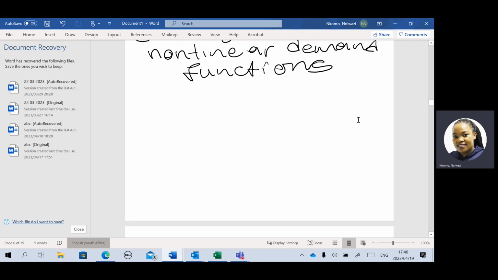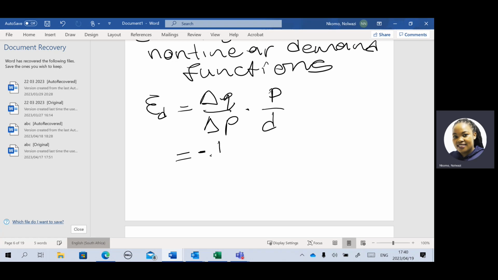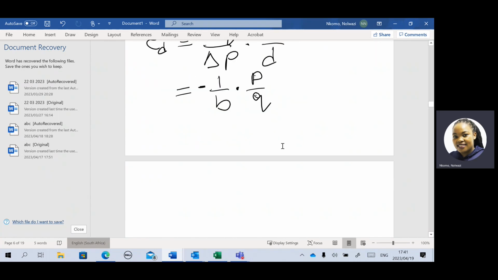And we said that the point elasticity of demand for linear functions is defined as E equals the change in Q over the change in P times P over Q. And we said this is equal to minus 1 over b times P over Q. Okay, we said this is what we'll use to find the elasticity of demand for linear functions. Okay, now we want to find the elasticity of demand for nonlinear functions.